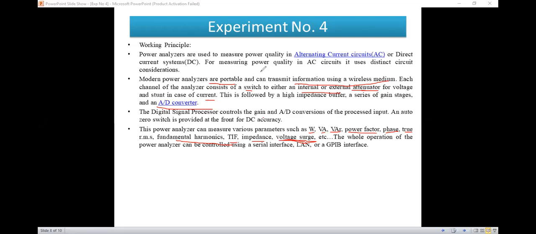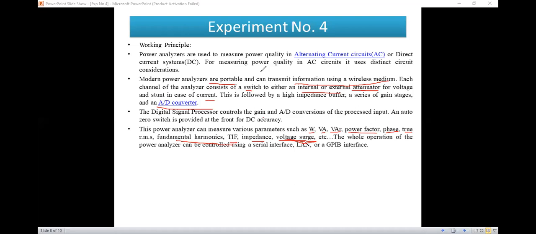A lightning arrestor is always used in the power system. In a power system, substations or distribution stations have lightning arrestors. What is the use of that lightning arrestor? To protect the system from high voltage surge, like a lightning stroke also.